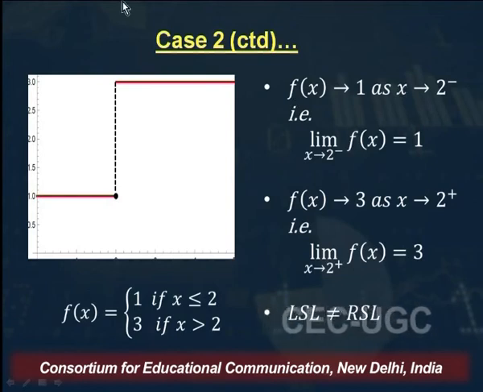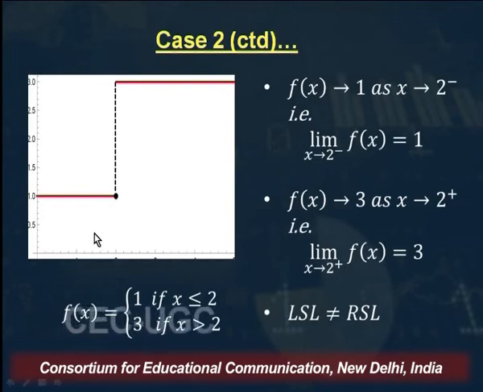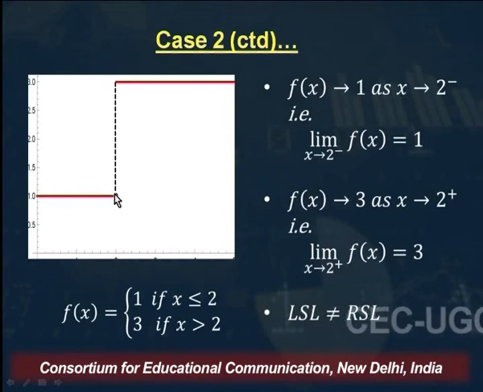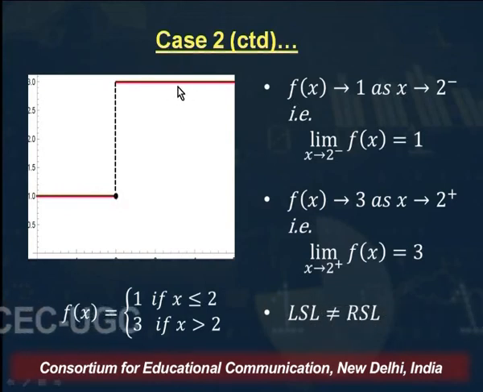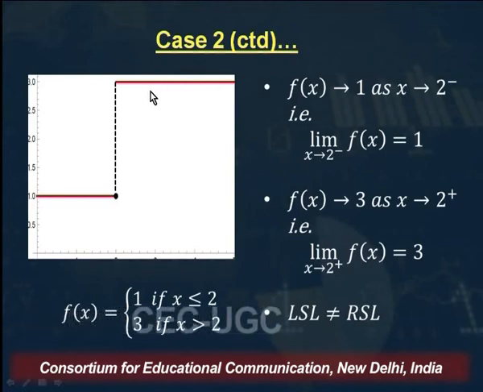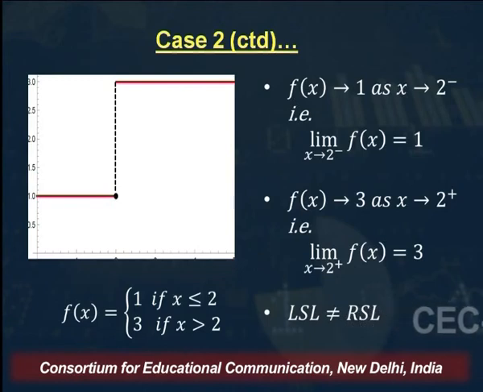And the function takes on the value 3 if x is strictly greater than 2. Here you can see that as x approaches 2 from the left, the function approaches the value 1, and as x approaches 2 from the right, the function approaches 3. So the left side limit is 1 and the right side limit is 3.